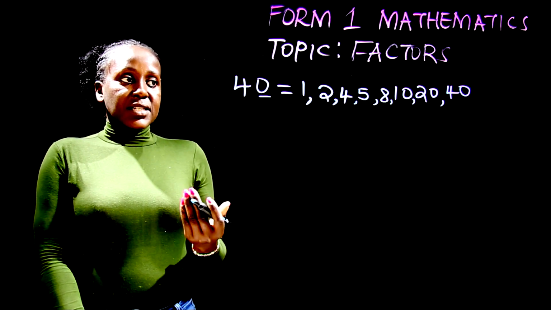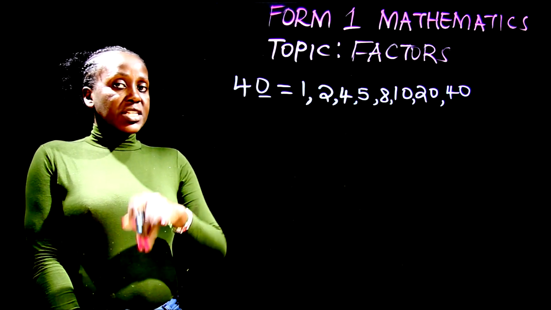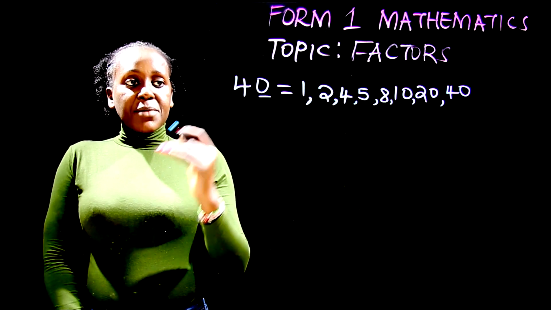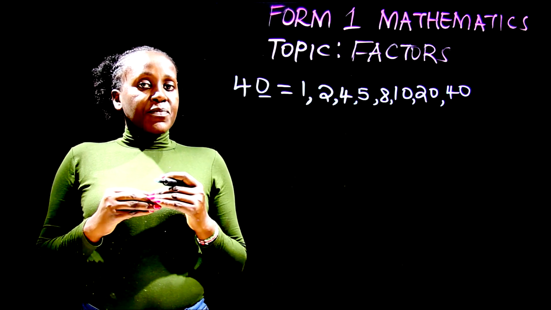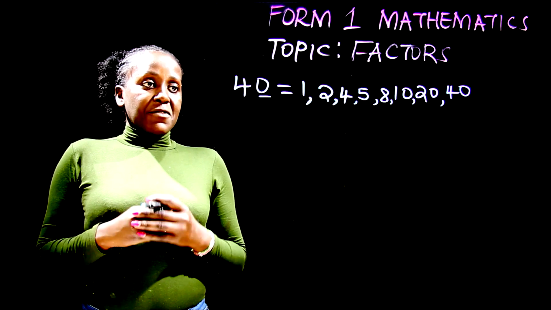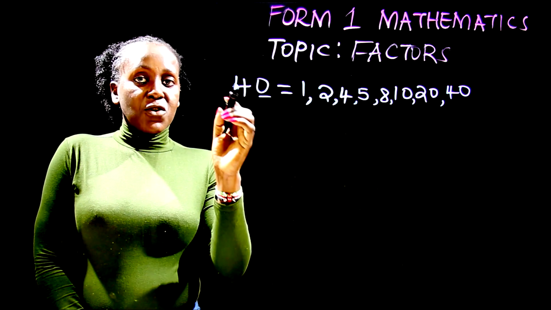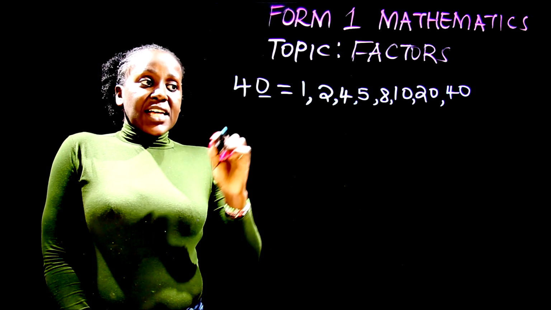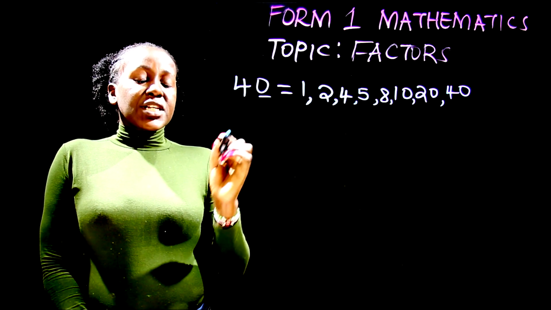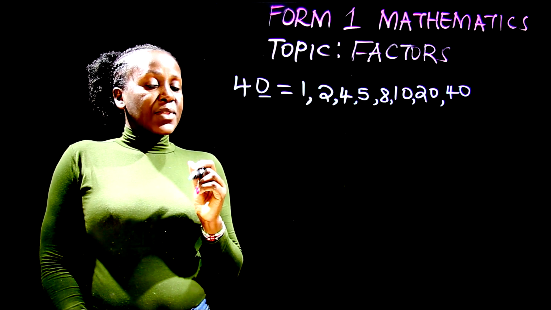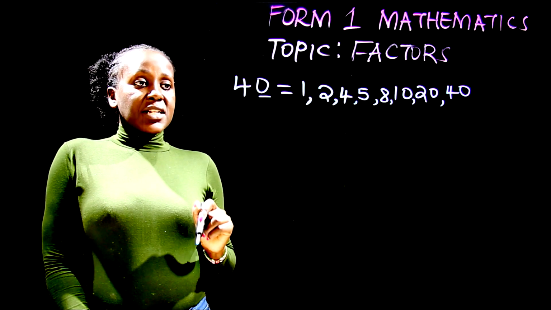Let us test the next number after 5, which is 6. 40 divided by 6, you don't get a perfect answer. Therefore, 6 is not a factor of 40. The next number is 7. 40 divided by 7, we don't get a perfect answer.